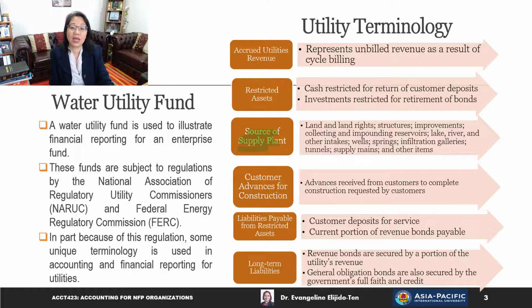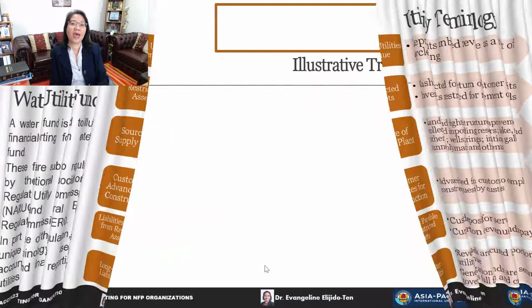Finally, long-term liabilities are revenue bonds that are secured by a portion of the utilities revenue and also general obligation bonds secured by the government's full faith and credit. All right, we'll be using these utility terminologies in some example transactions that we'll look at.